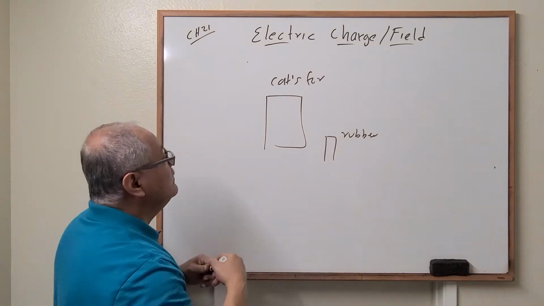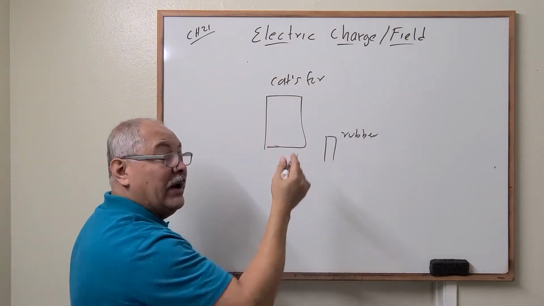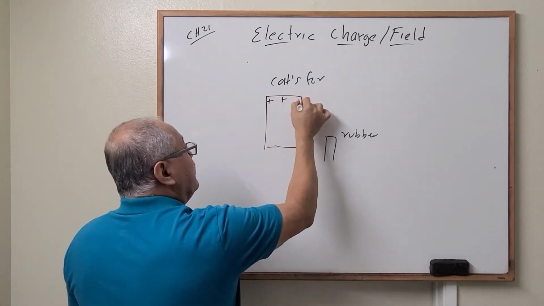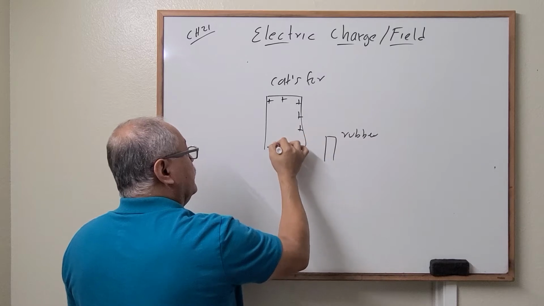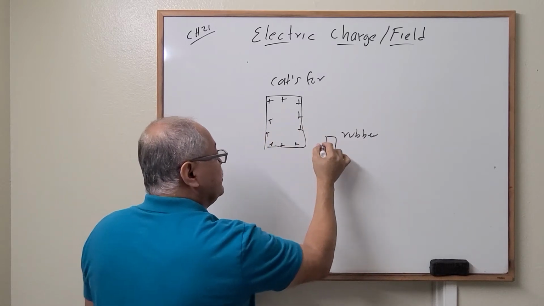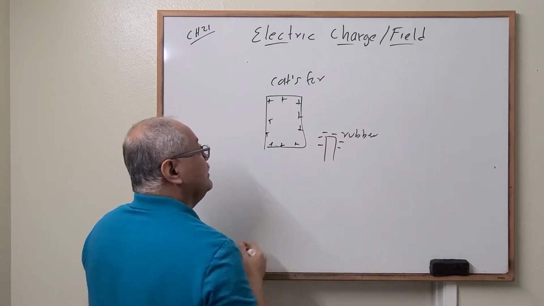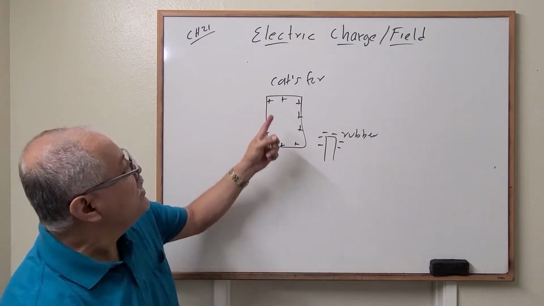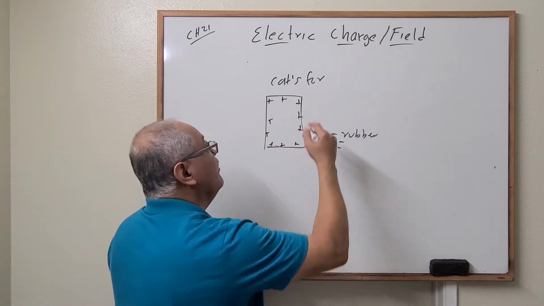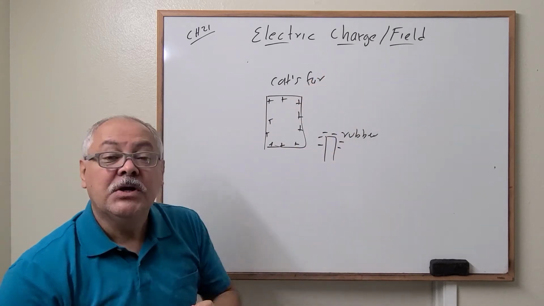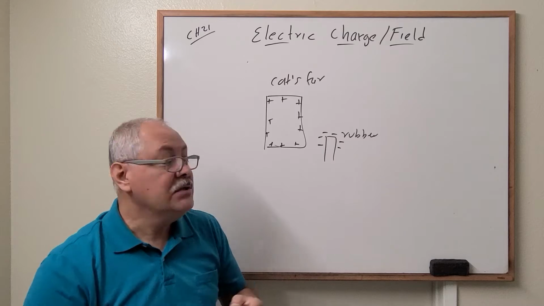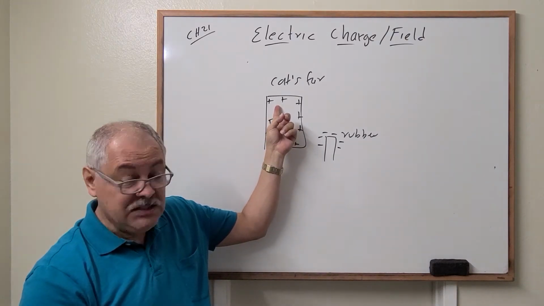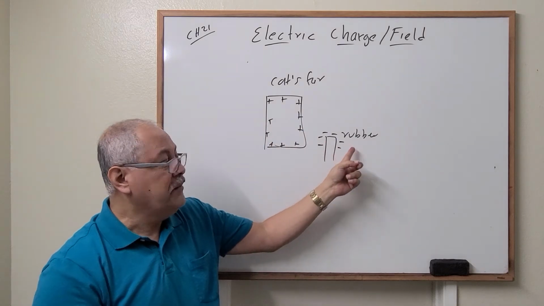After that, by convention, it is defined that this material is gonna be positively charged, and this material is gonna be negatively charged. That's the convention. If we have cat's fur and we have rubber, when we charge these two by friction, the charge of cat's fur is gonna be positive, and for the rubber is gonna be negative.